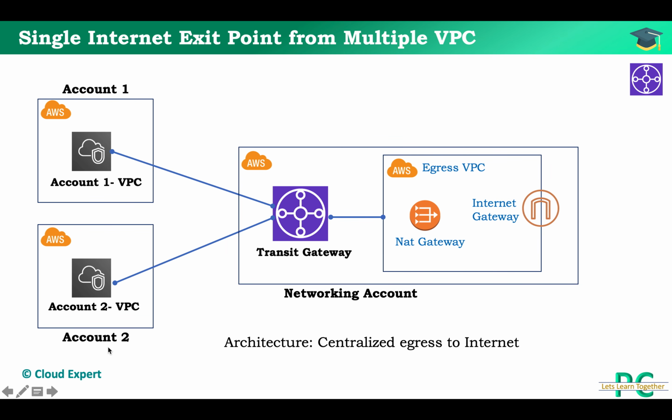Let's say you have account 1 and account 2, and in those accounts, for simplicity, let's say you have one VPC, but as I told, you can have multiple VPCs also in those accounts. And you have another account, a networking account, where you have a transit gateway, and you have created one egress VPC where you have created a NAT gateway and you have an internet gateway.